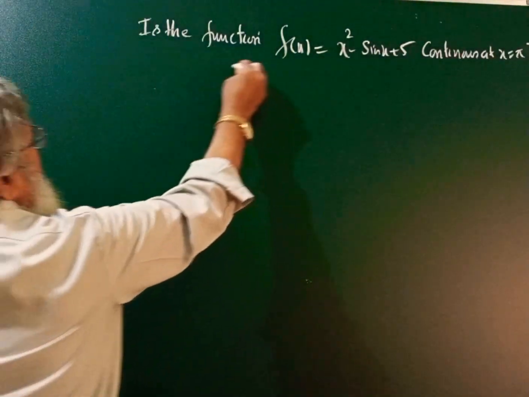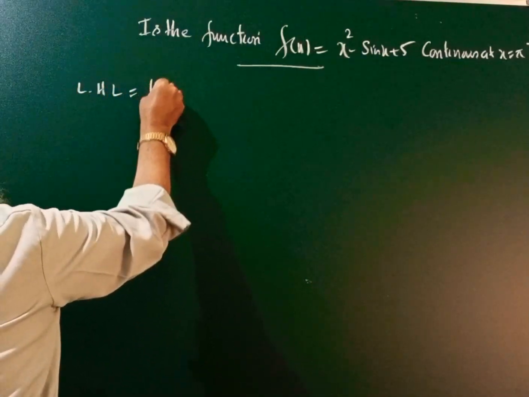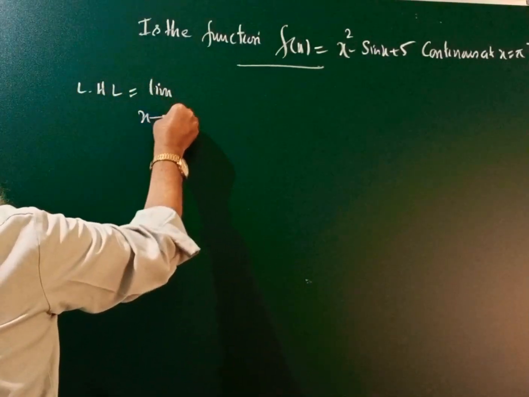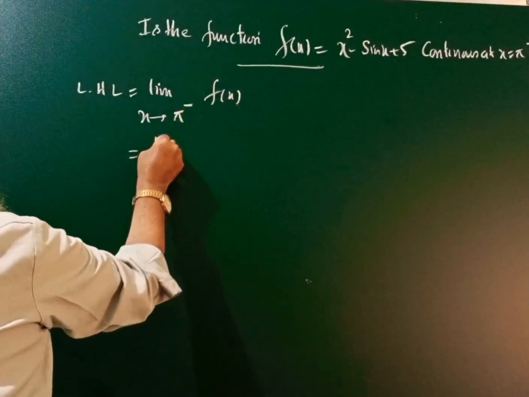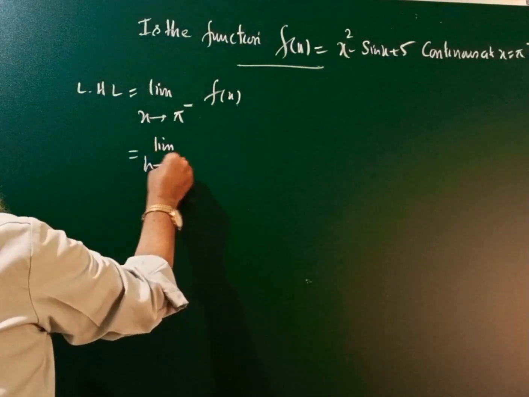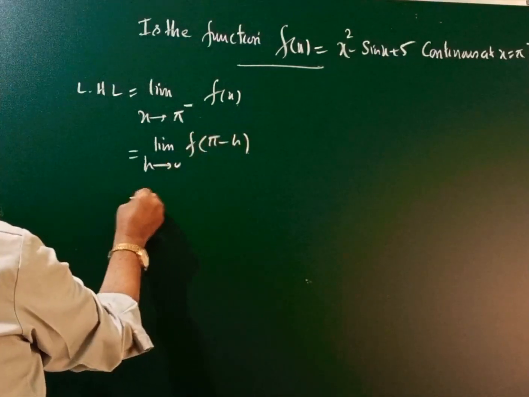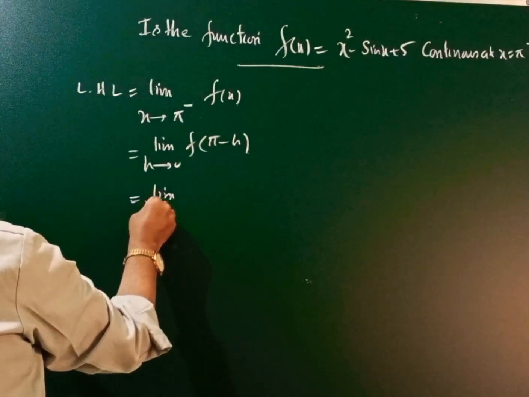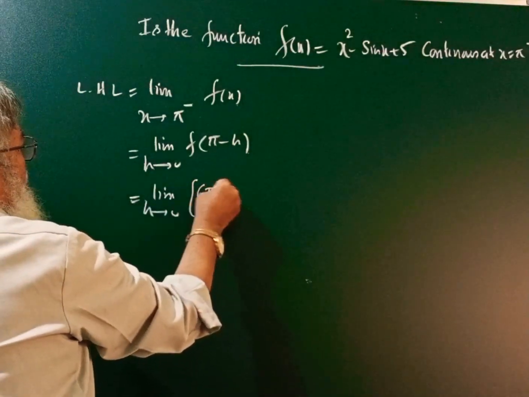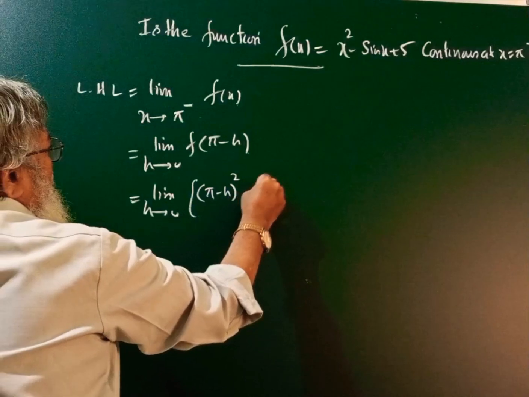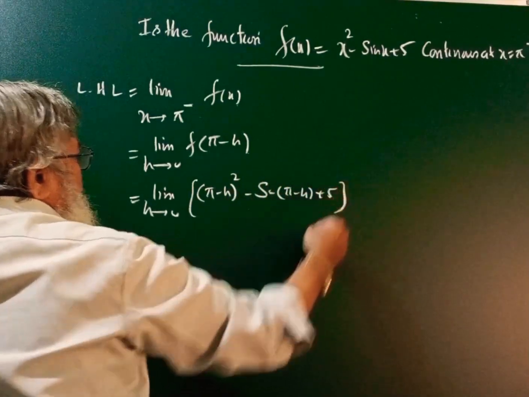Let us take the left hand limit. The left hand limit is given by limit x tends to pi from the negative side of f(x). That is limit h tends to 0, f of pi minus h. That will become limit h tends to 0, pi minus h whole square, minus sine of pi minus h, plus pi.